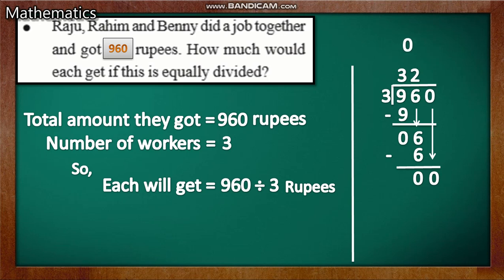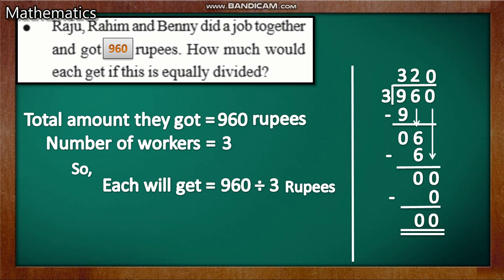That is 0. 0 times 3 is equal to 0. Then draw a line. Then subtract. 0 minus 0, 0. There's nothing to bring down, so let's stop now.